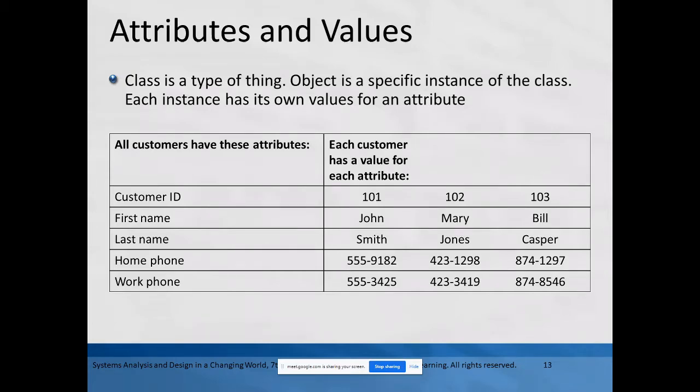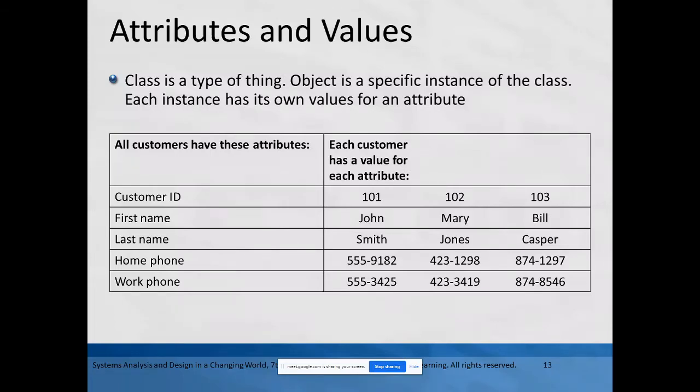To give you an analogy here, you could say that a class or an entity is like a blueprint for a house. It just describes the house. Now, if I'm a builder and I'm starting to build models of what's represented in that blueprint, each house that I've actually physically built is an instance of the blueprint. And there could be, or almost certainly will be, variations. Even though it's the same blueprint, there will be variations to all these. Say I build 100 houses based on the blueprint.